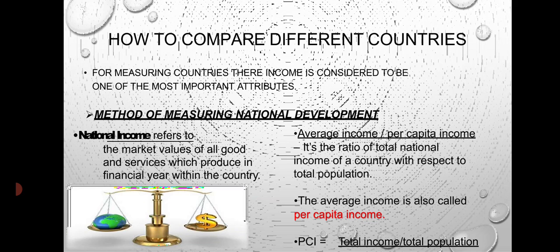So national income, what does it mean? It refers to the market value of all goods and services which are produced in the financial year of a country. और फाइनेंशियल ईयर कौन सा होता है?